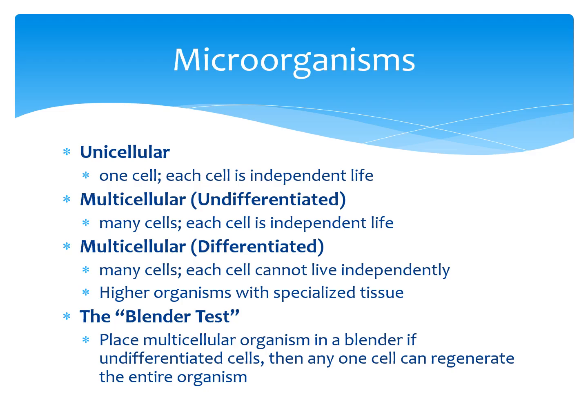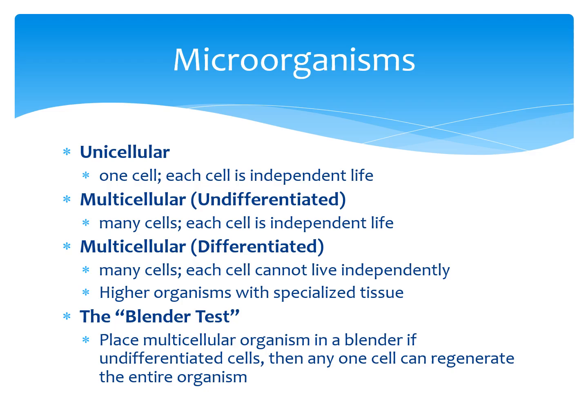We're going to give you this idea of a blender test, which can kind of sound a little bit violent or traumatic, but bear with me while we talk about it. The blender test is if you take multicellular organisms that have undifferentiated cells and you put them in a blender, blend it up, those cells will be fine because, again, even though they came from a multicellular organism, they are independent of life by themselves.